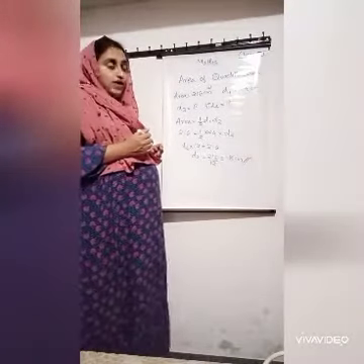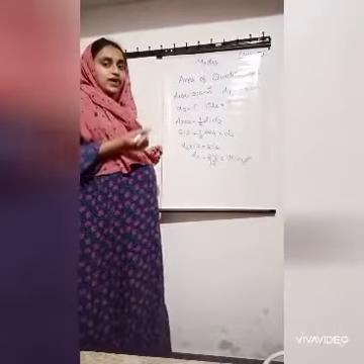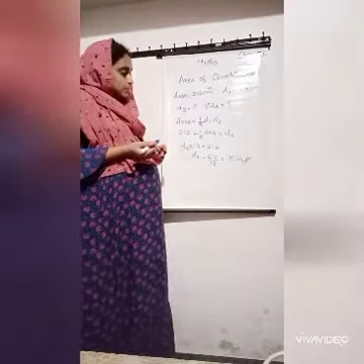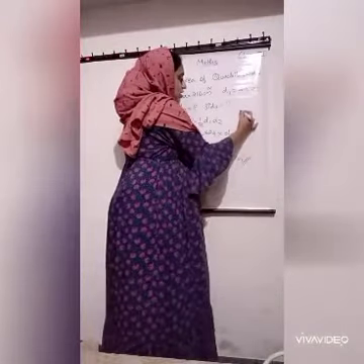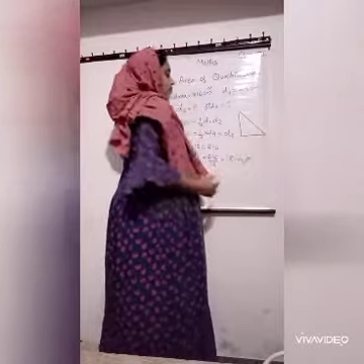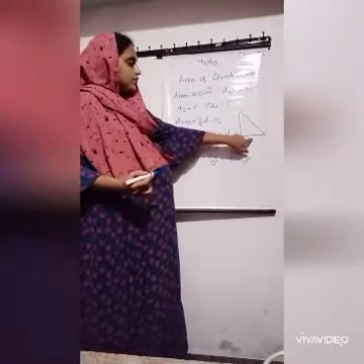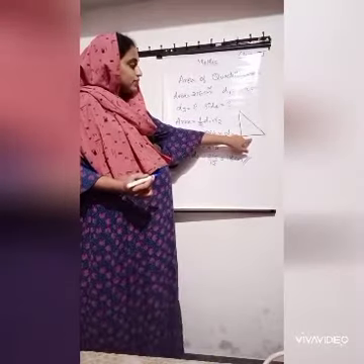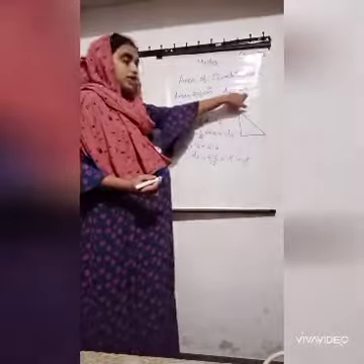Next, what we need to find is the side. How do we find the side? For finding the side, we just need the figure. What is the length here? Total length is 24 centimeters.